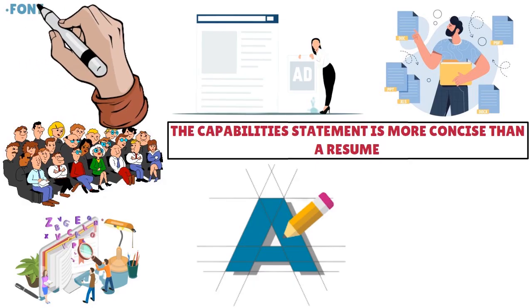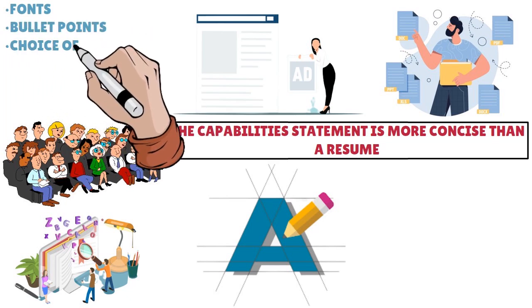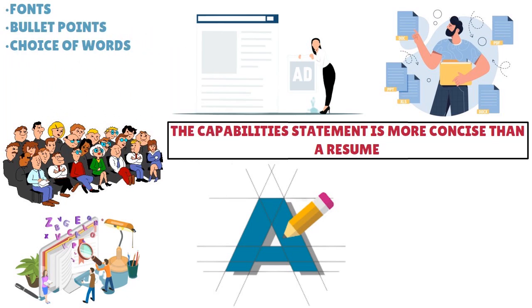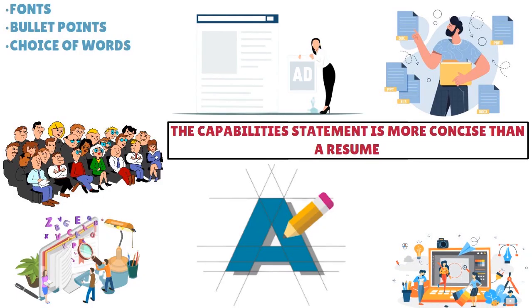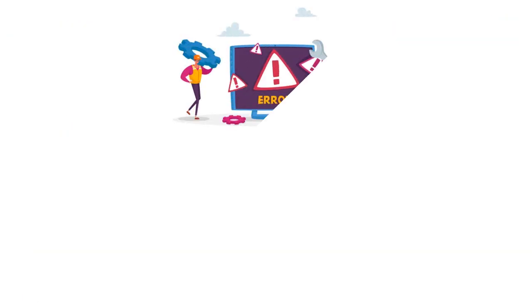So think about fonts, use bullet points, and think about the choice of words that you are going to deploy. You may even want to consider hiring a graphic designer and or a professional writer to ensure that your capability statement is error free and pops big time.